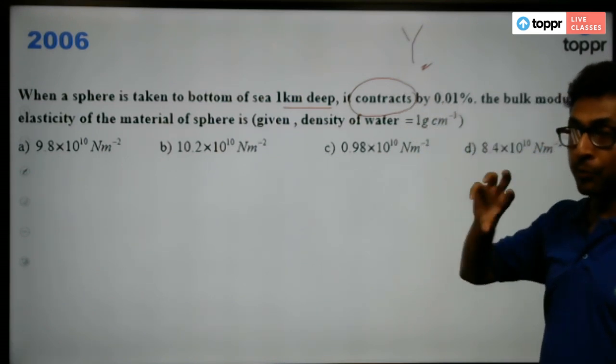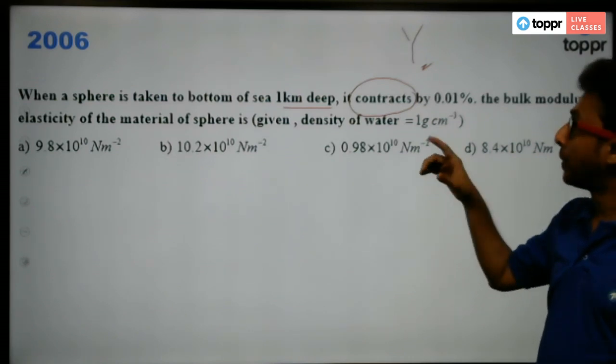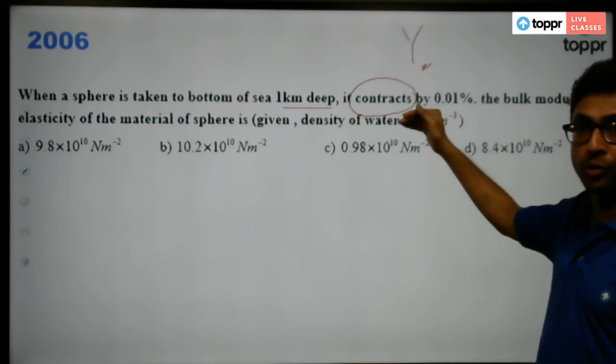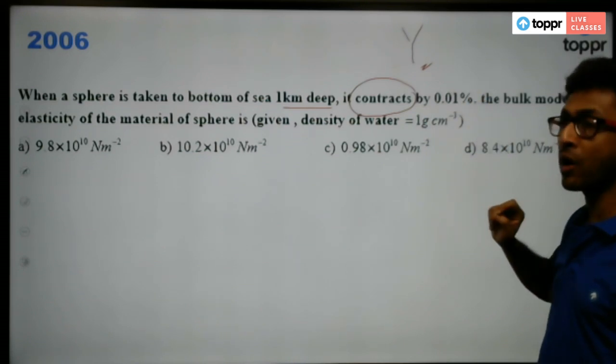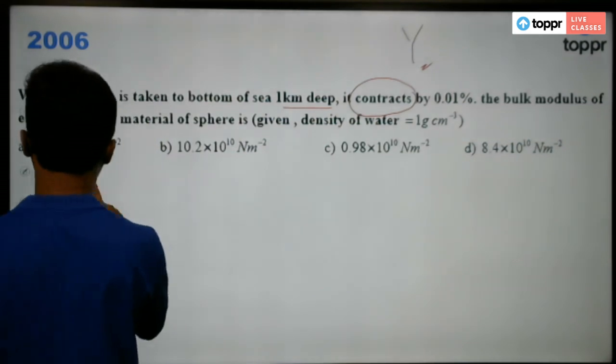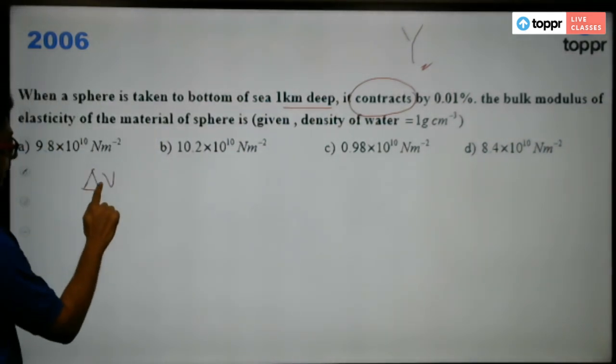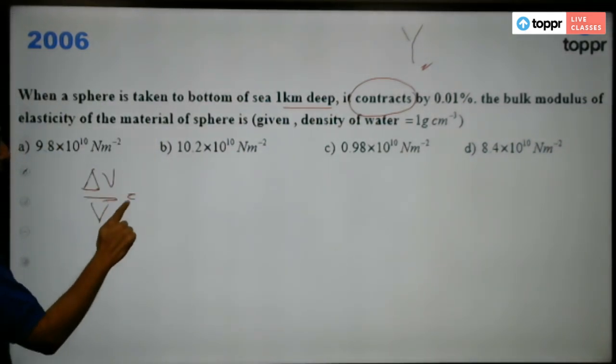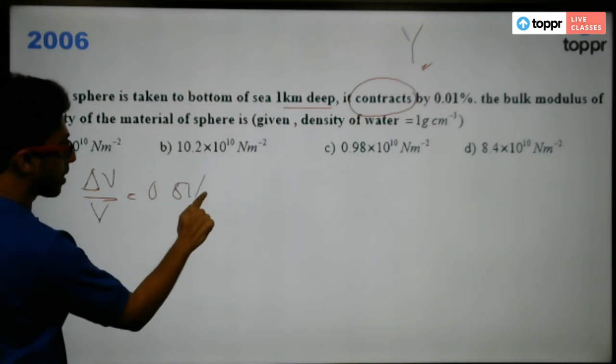It means the ratio of the change in volume and the original volume is 0.01%. So we can write del V by V equals 0.01%.